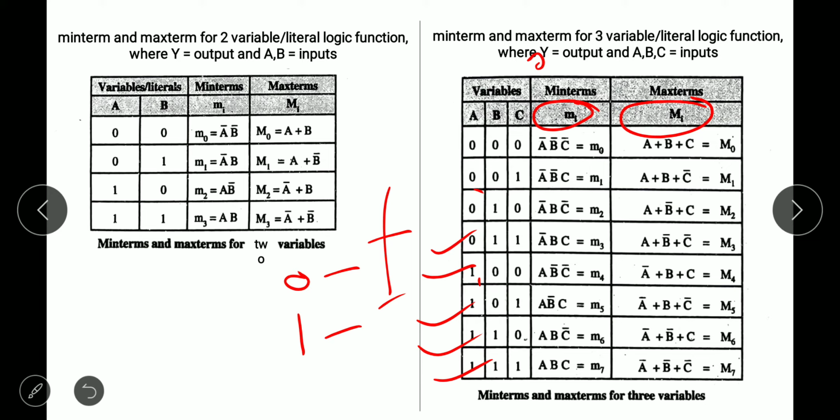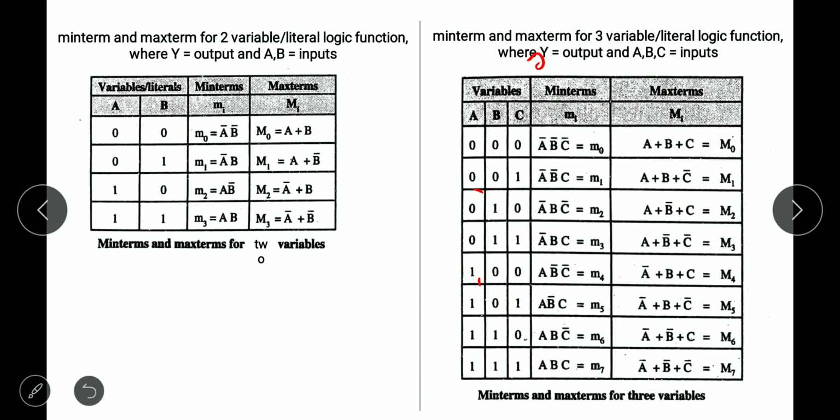So for 3 zeros, that is A plus B plus C, then A plus B plus C bar, then A plus B bar plus C, then A plus B bar plus C bar, A bar plus B plus C, A bar plus B plus C bar, A bar plus B bar plus C, and A bar plus B bar plus C bar. If you see here, the dot sign is replaced by plus, and the complement is replaced by uncomplement.